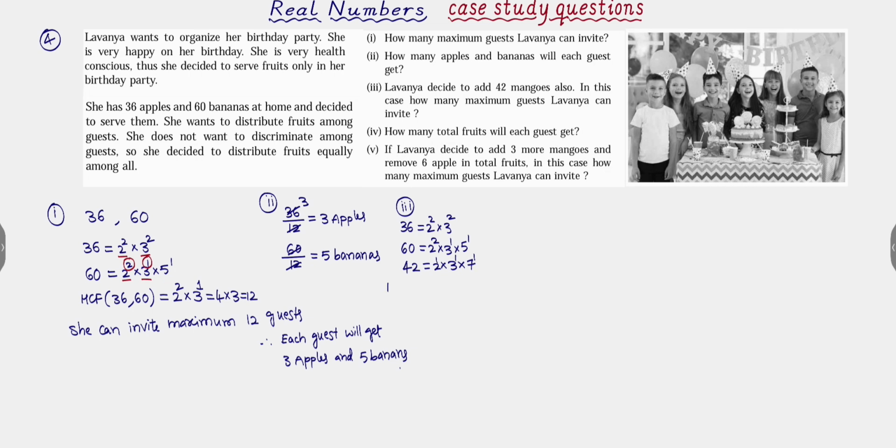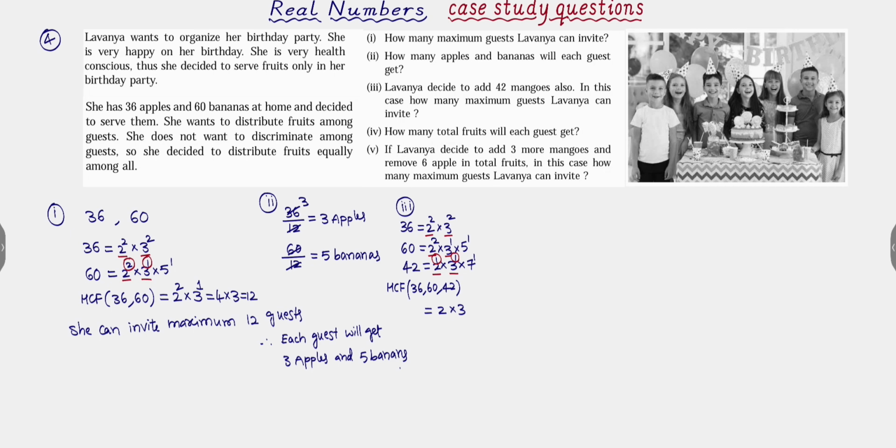Now we have to find the HCF of these three: 36, 60 and 42. Again, same method, we have to take the common factors. Common factors are again 2 and 3, which are there in all the factorizations. So 2 into 3. But in this case, the lowest power of 2 is 1 and the lowest power of 3 is also 1.